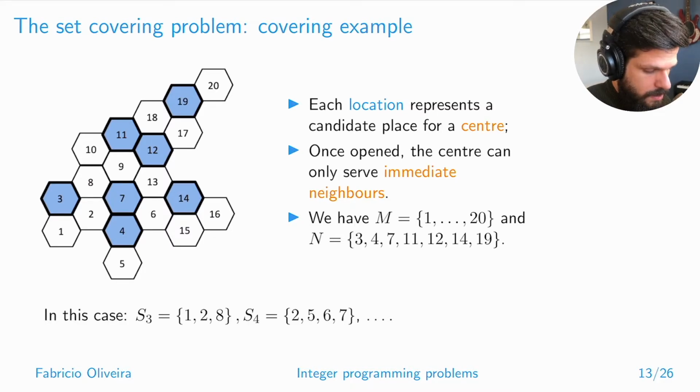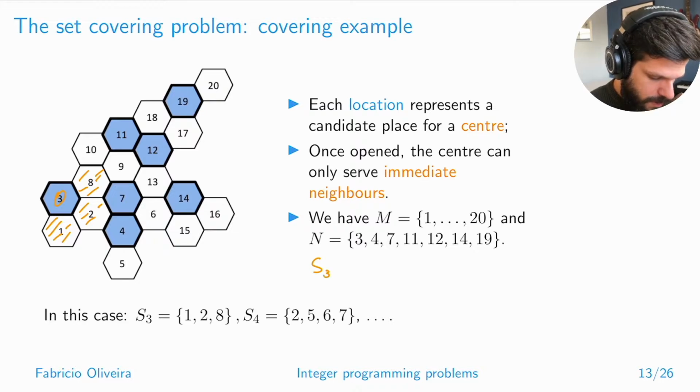Whenever I locate a facility at a given node, I can serve all my immediate neighbors. So if I locate a facility in 3, then I serve 1, 2, and 8. Okay, so that means that S3, the coverage of 3, is 1, 2, and 8, like it is shown here.